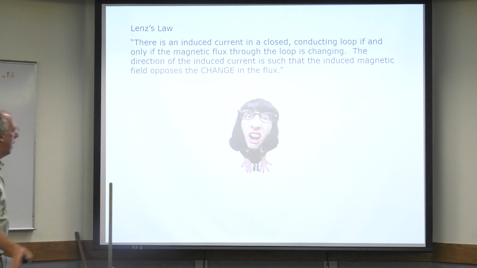So the first sentence is fine. But the second sentence: the direction of the induced current is such that the induced magnetic field opposes the change in flux. Say that again. The direction of the induced current is such that the induced magnetic field opposes the change in flux.